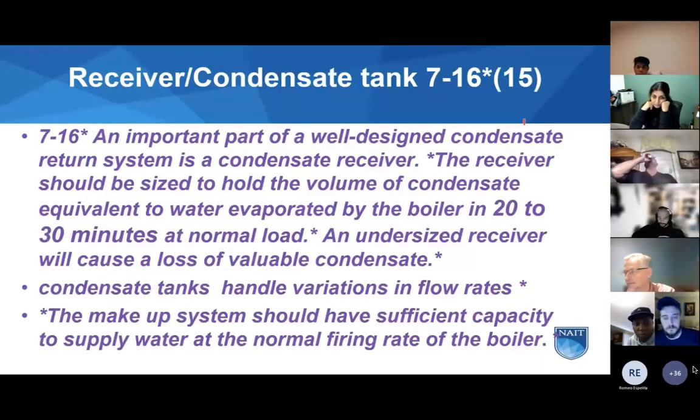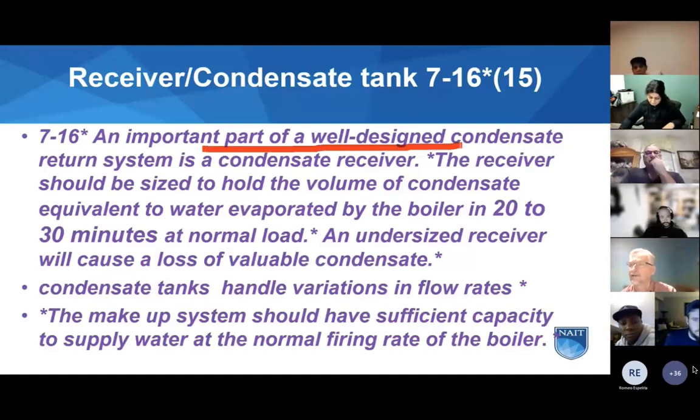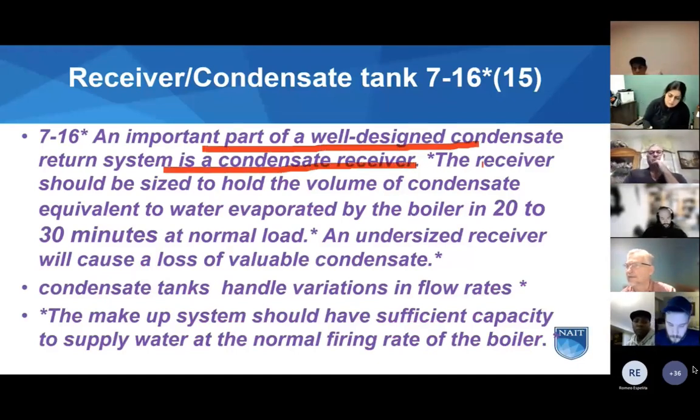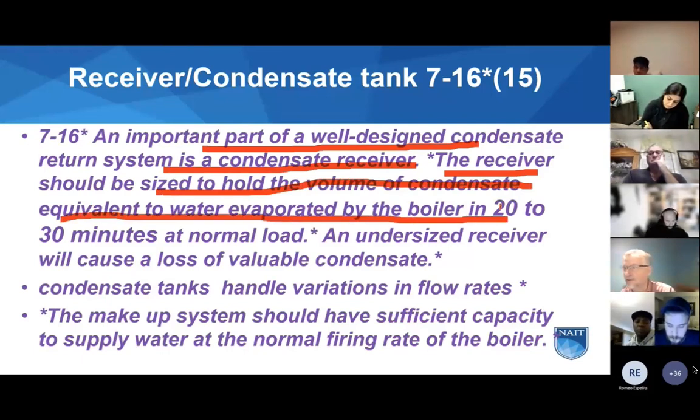Well-designed condensate system. So back to condensate, meaning we're talking about steam systems. A well-designed condensate system has a condensate receiver. The receiver should be big enough to hold the volume of condensate equivalent to water evaporated by the boiler in 20 to 30 minutes at normal load.